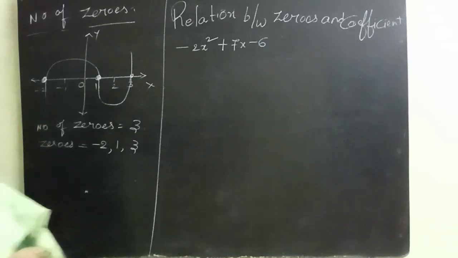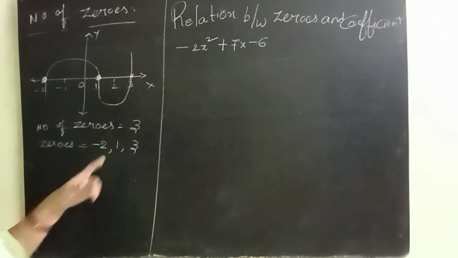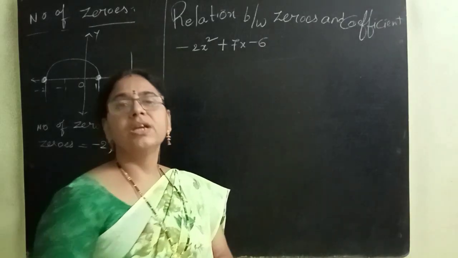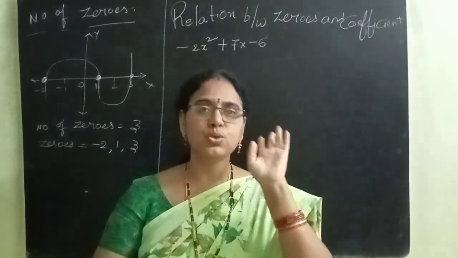Okay, minus 2x square plus 7x minus 6. Here, which type of polynomial is it? It's very clear, degree is 2. Quadratic polynomial. That means it has two zeros.